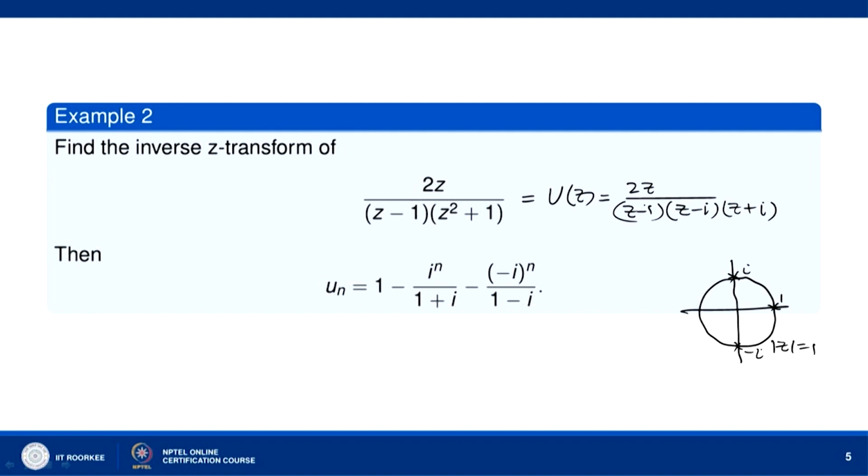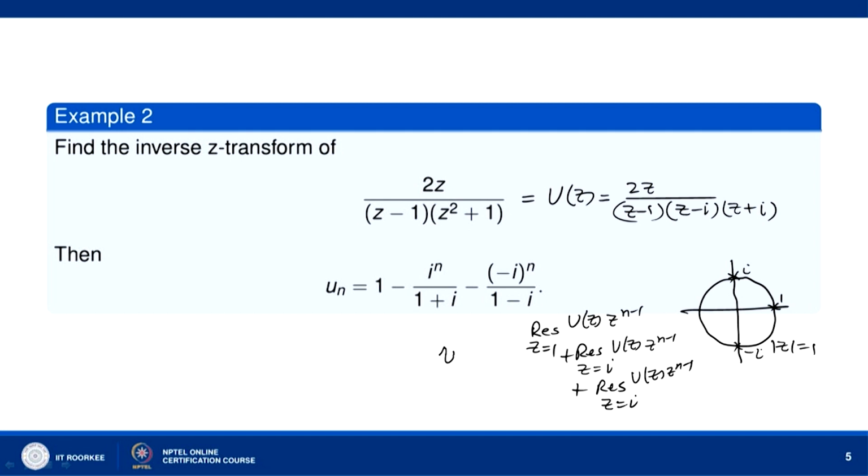Okay. So, region of convergence here for this Z transform will be mod of z greater than 1. Okay. And we will find these residues, residue at z equal to 1 of U(z) into z to the power n minus 1, plus residue of U(z) into z to the power n minus 1 at z equal to i, and then residue of U(z) into z to the power n minus 1 at z equal to minus i.